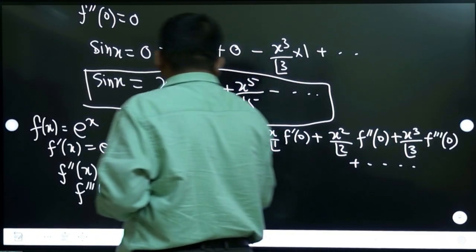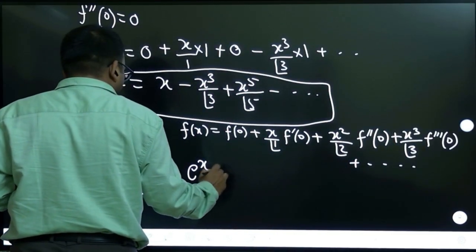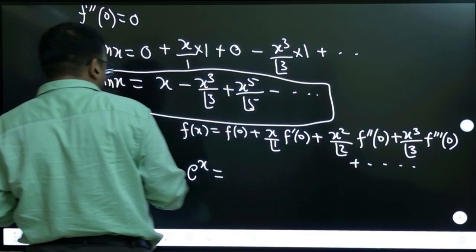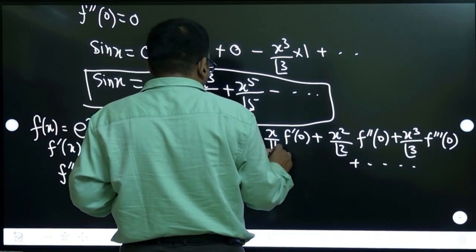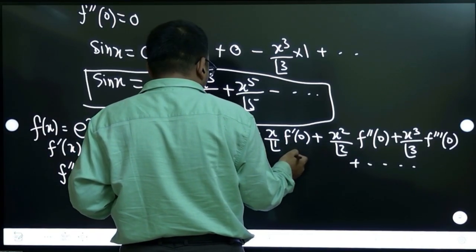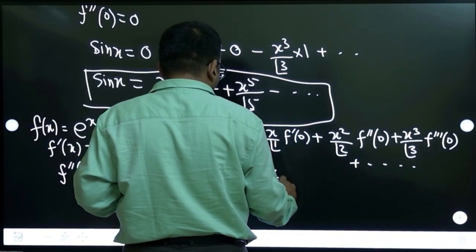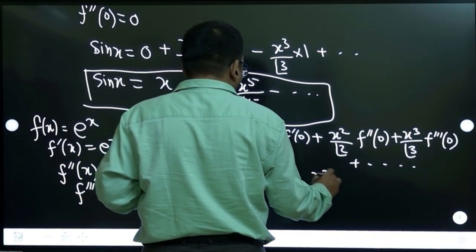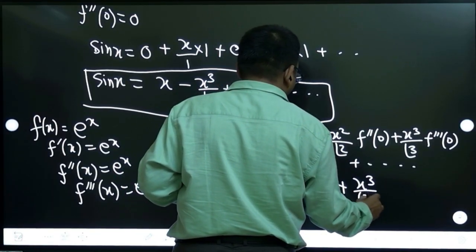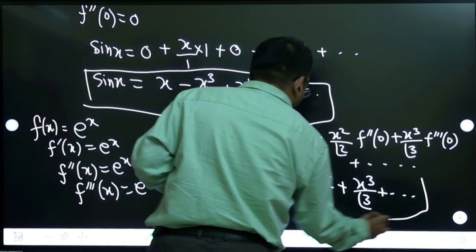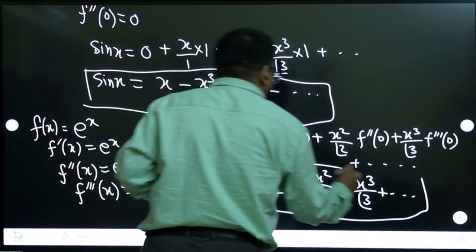Try this. So e power x, I can write f(0) means I will substitute 0, so it will become 1. x f'(0) means it is 1 only, so x by factorial 1 plus x squared by factorial 2 plus x cube by factorial 3 and so on. This will become the expansion of e power x.